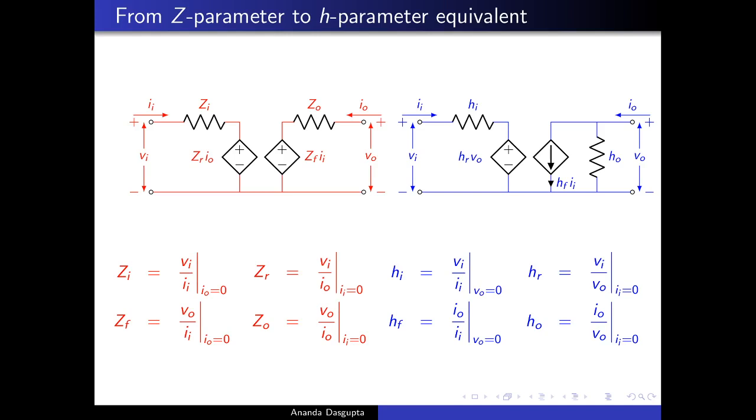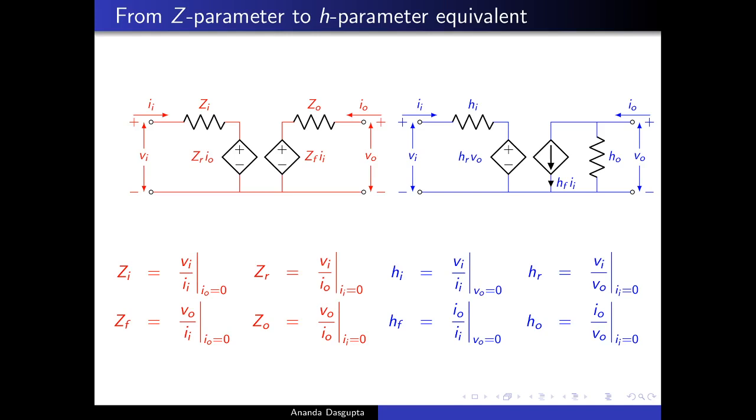It's just input voltage by input current. So both Zi and Hi are very similar, but they are not identical. Why are they not the same? Because Zi is evaluated under IO equals 0, that is output open conditions, whereas Hi is evaluated under VO equals 0, that is output short conditions.